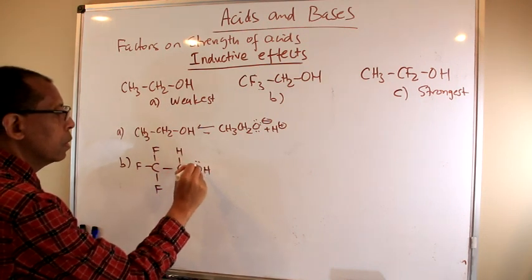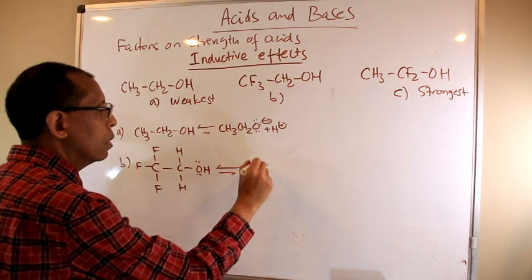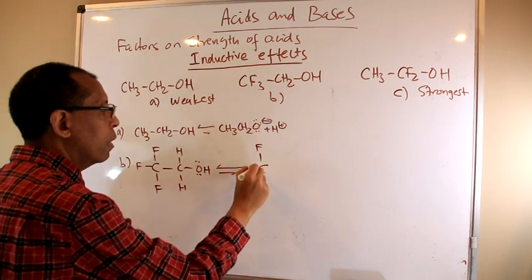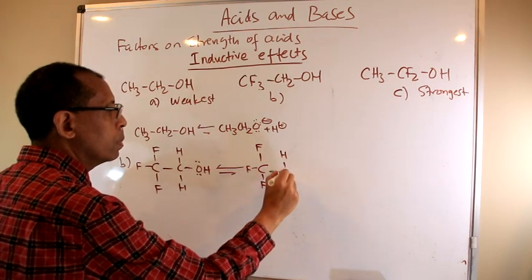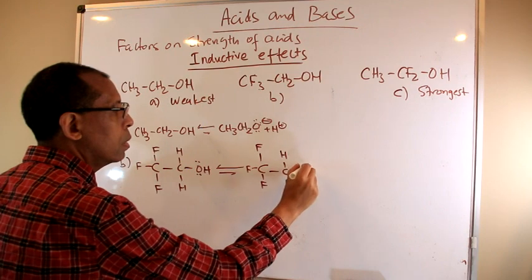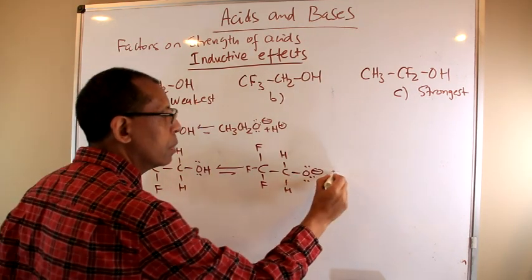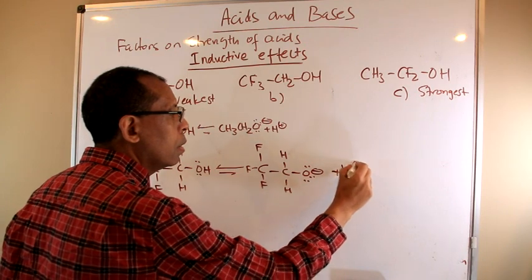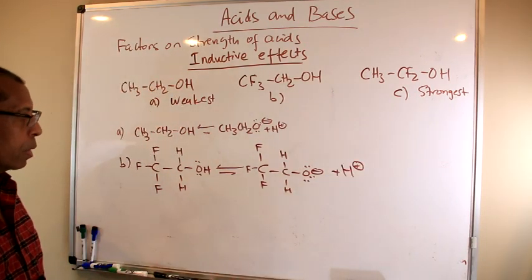OH is in equilibrium with CF3 and the conjugate base. So that is the dissociation for B.